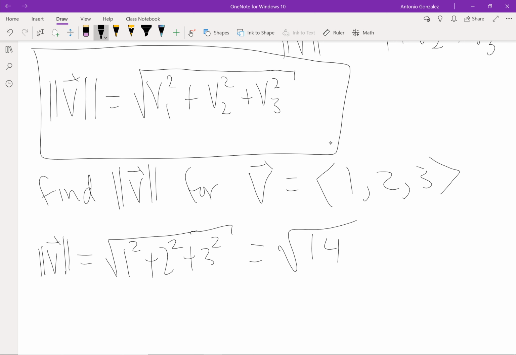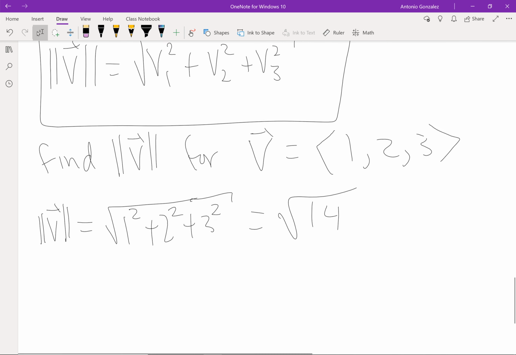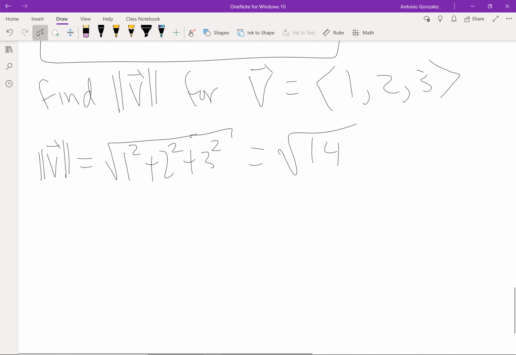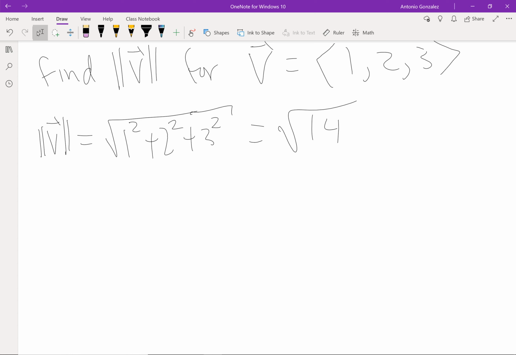Okay, now another kind of equation I want to go over in our R3 space is that of a sphere or a ball. So how about we'll start with, again, the R2 equivalent, that being the circle.